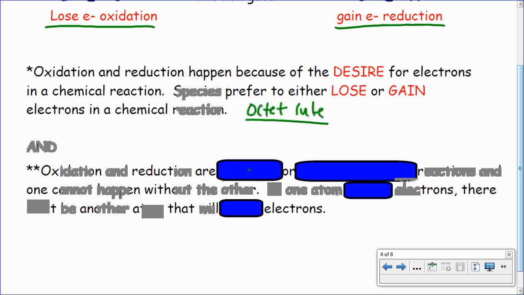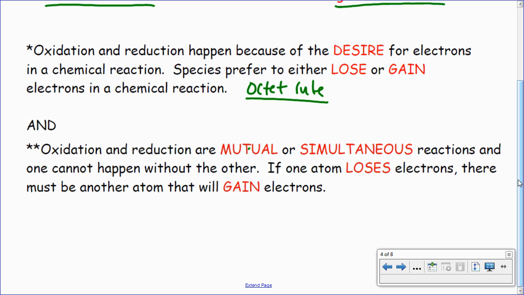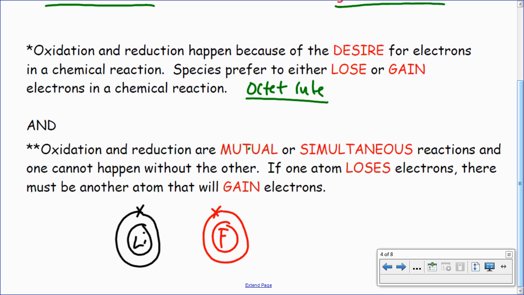Oxidation and reduction are mutual or simultaneous. Whenever one atom loses electrons, some other atom has to gain them. That's why we were using the lithium example, 1 electron to lose, and the fluoride example, 1 electron to gain.